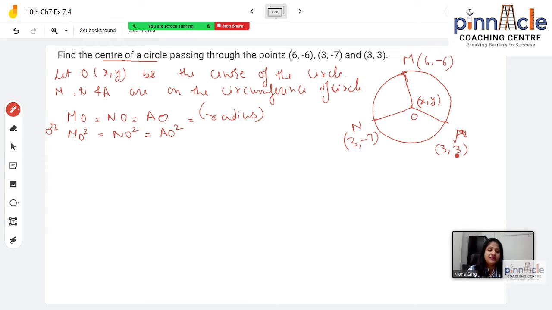A जो है इसके कोऑर्डिनेट 3,3 है, तो एक्स कोऑर्डिनेट क्योंकि दोनों के अंदर सेम है, so one distance I would like to choose NO square is equal to AO square, and the second distance I would like to take either NO MO चलेगा और MO AO, that is also fine. So it's my choice which two distances I need to compare. So let's take MO square is equal to AO square. ठीक है, but for sure the first equation I don't want to change with any of these.